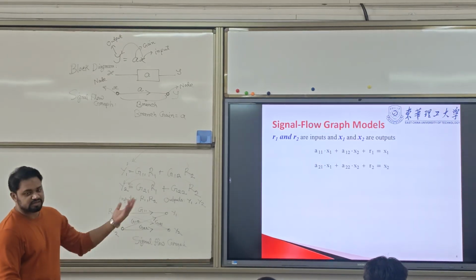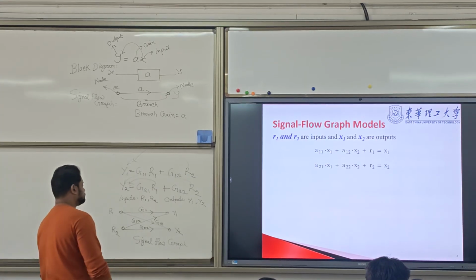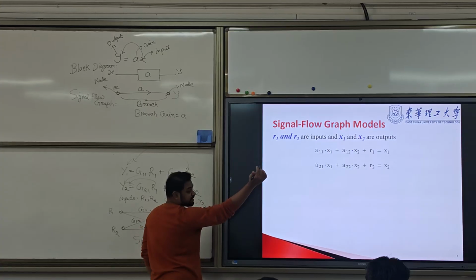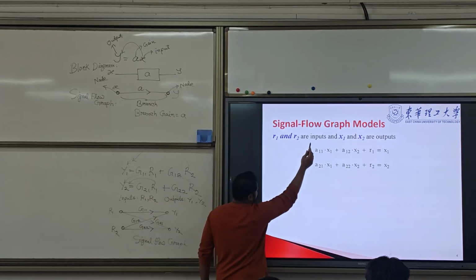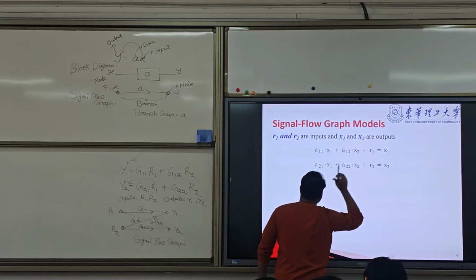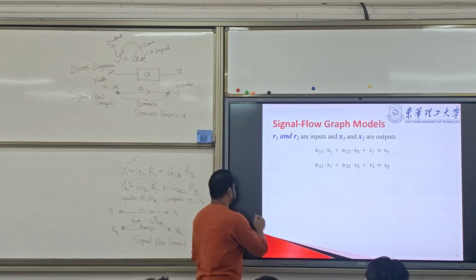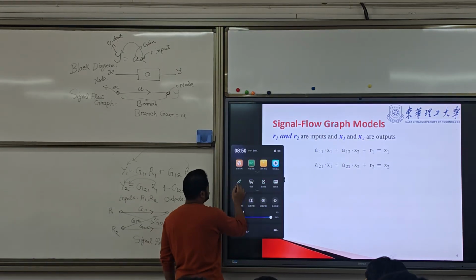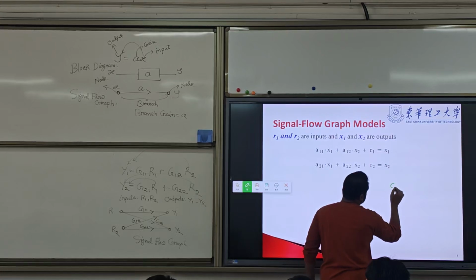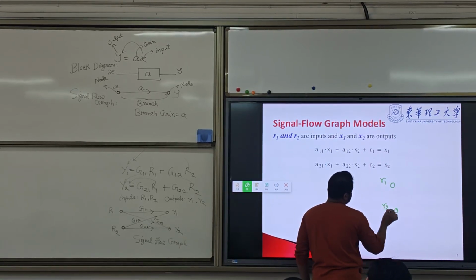Let's do another one, the third one here. It is mentioned that R1, R2 are the inputs here, and X1, X2 are the outputs. So how can we draw it? R1, R2 are the inputs, that means here we have two inputs.